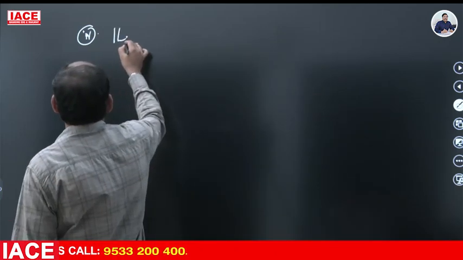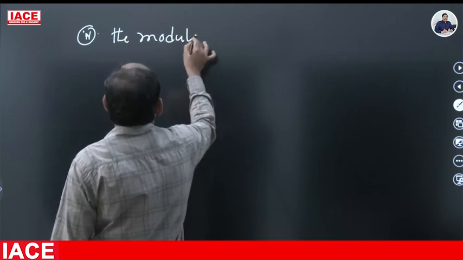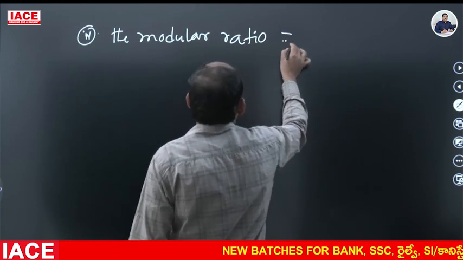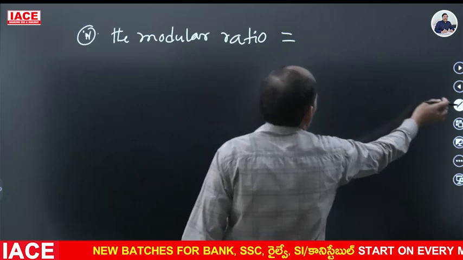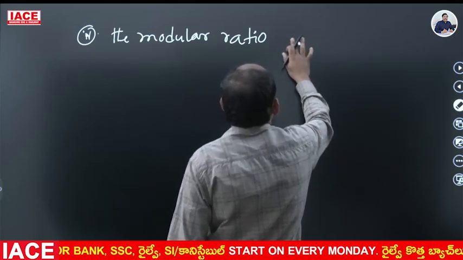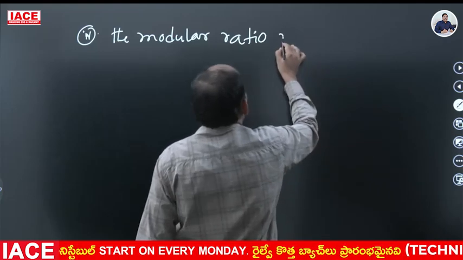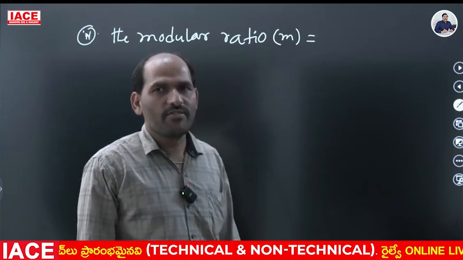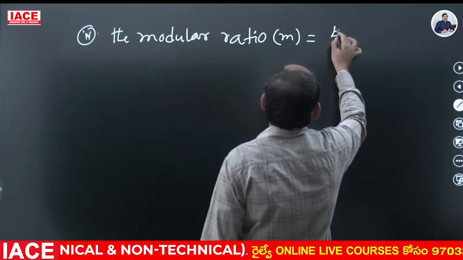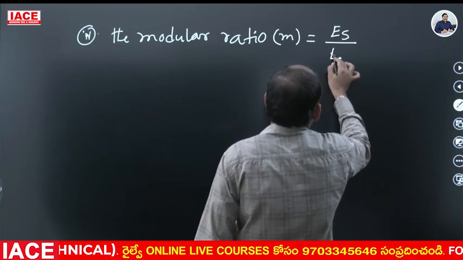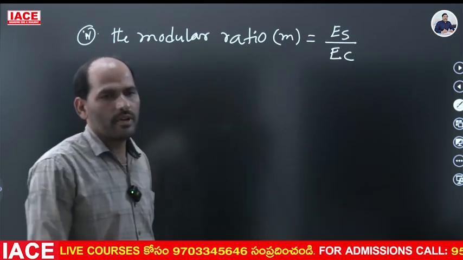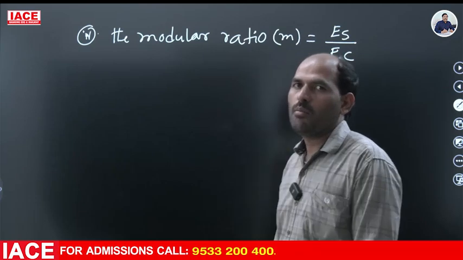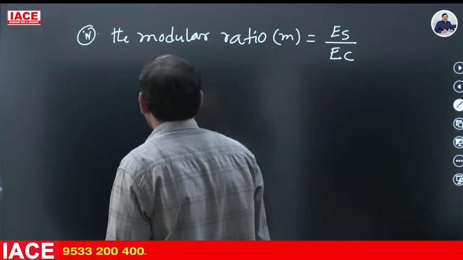What is the modular ratio? Modular ratio m is the ratio of modulus of elasticity of steel upon modulus of elasticity of concrete.